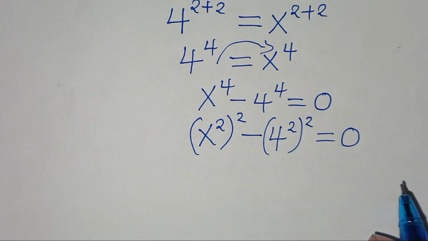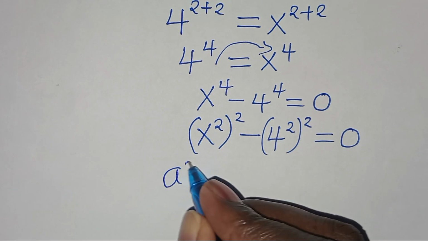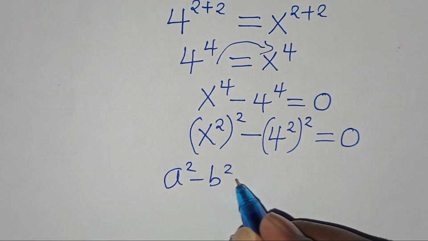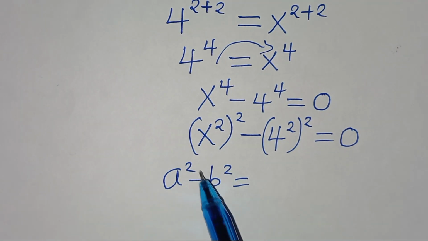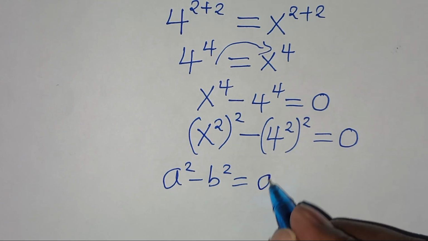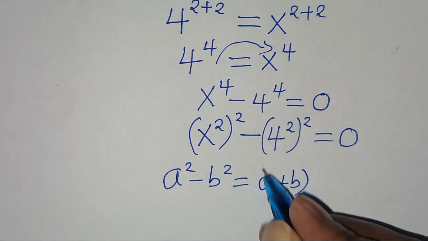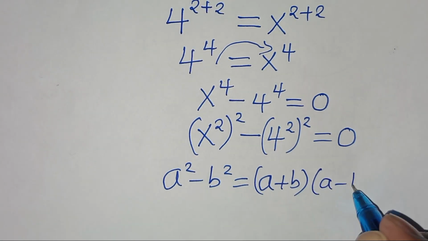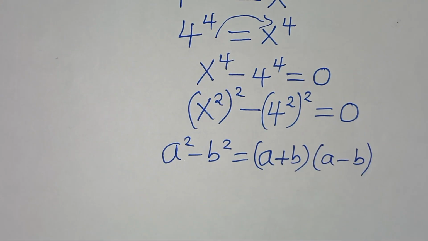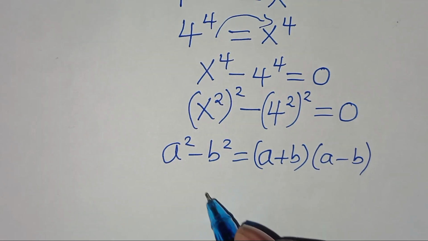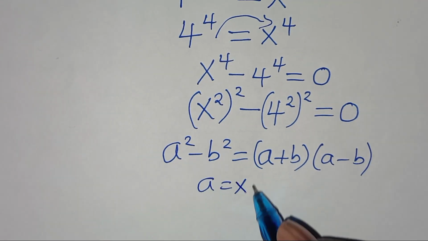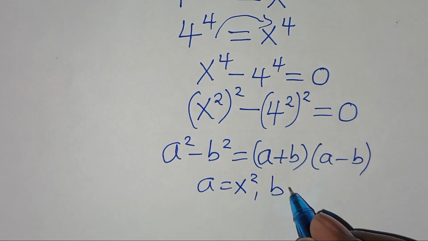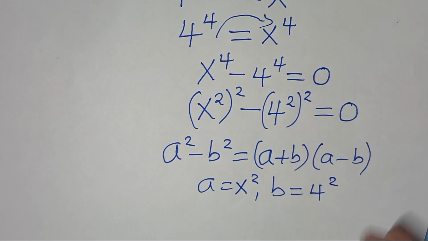Now, this equation is in the form of a squared minus b squared, which is the difference of two perfect squares, which you can express as a plus b, a minus b. Now, from this equation, a is equal to x to the power 2 and b is equal to 4 to the power 2.